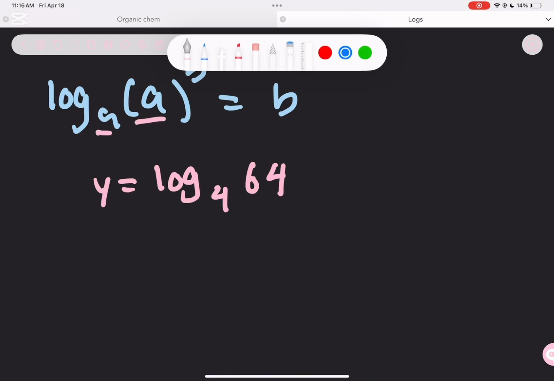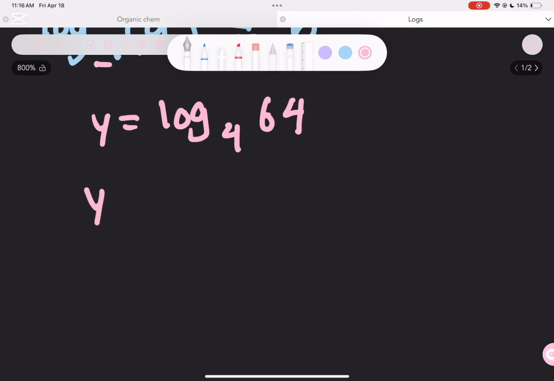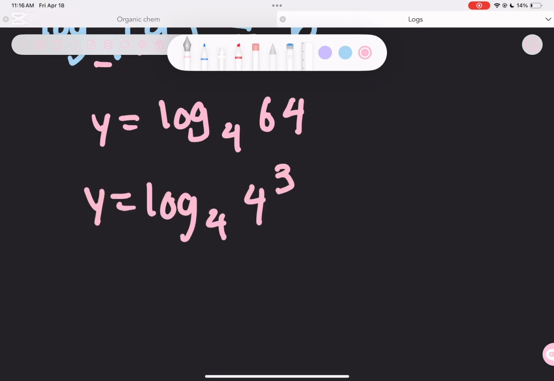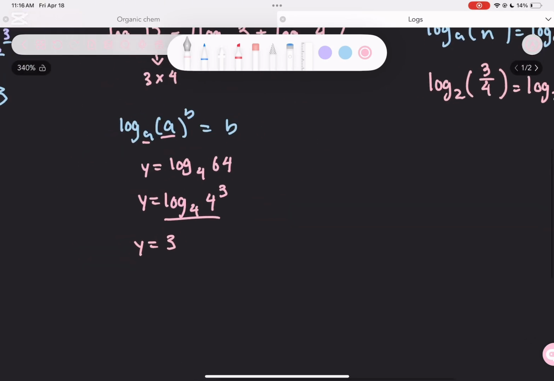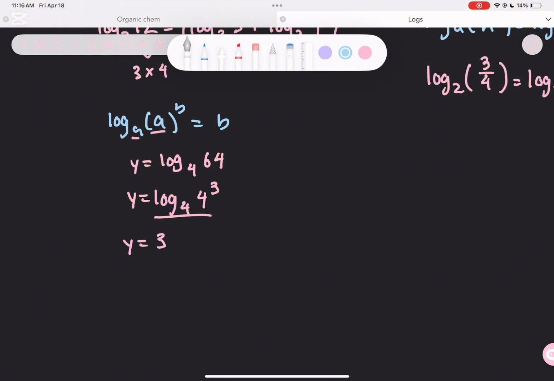So you think to yourself, 4 to the power of what is equal to 64? From your hopefully prior knowledge, you know that 4 to the 3 is equal to 64. So these two terms are equivalent. And now that you have the same base, you know that y is just equal to 3. That's pretty nifty. Handy.